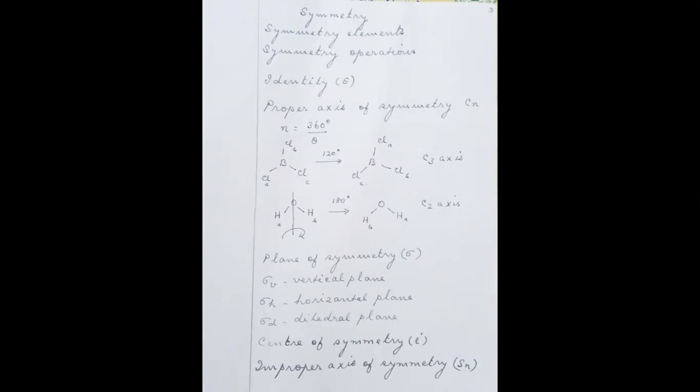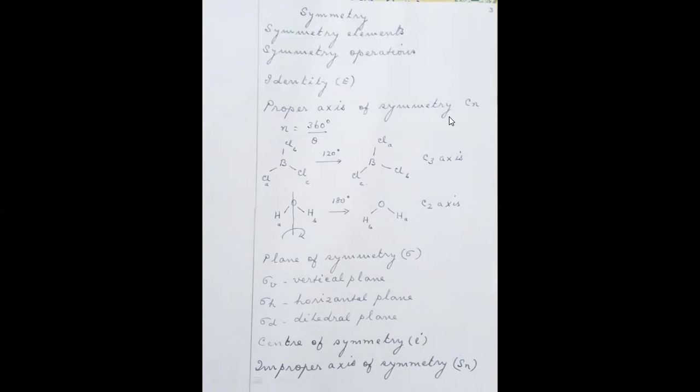When you turn the molecule by an angle of 120 degrees, you should take care that you are not changing the direction of rotation in between. If you start rotating clockwise, you continue clockwise for all rotations. One time clockwise and one time anti-clockwise will lead to confusion.